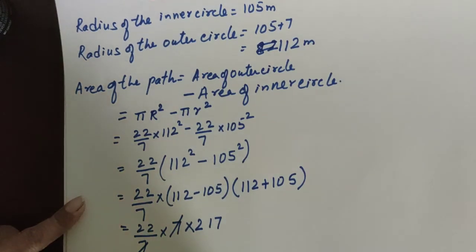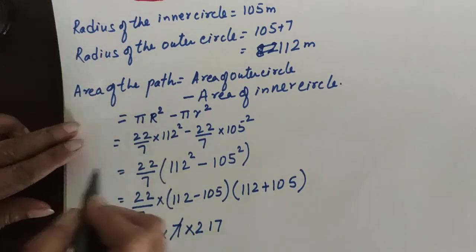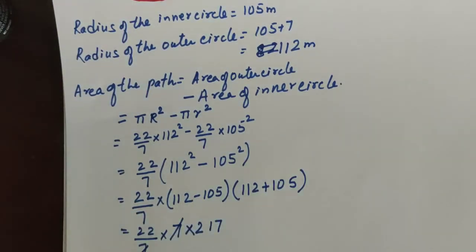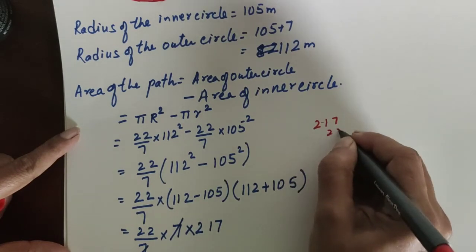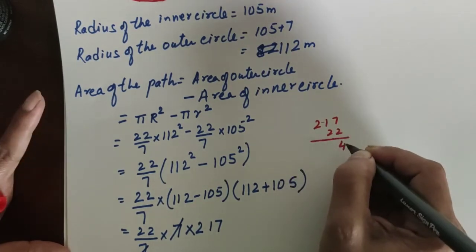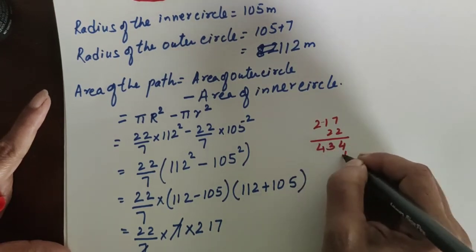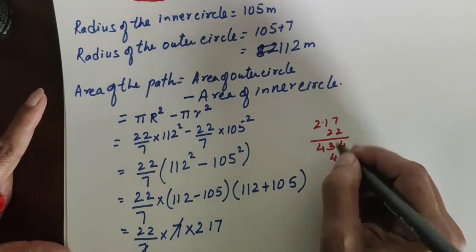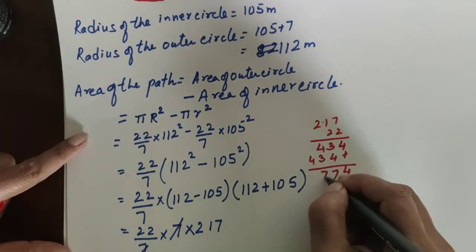Let us solve this in the rough. 217 and 22: 2 sevens are 14, 4 carry 1, 2 ones are 2, 3, 2 twos are 4, 2 sevens are 14, 4 carry 1, 4 7 7 4.